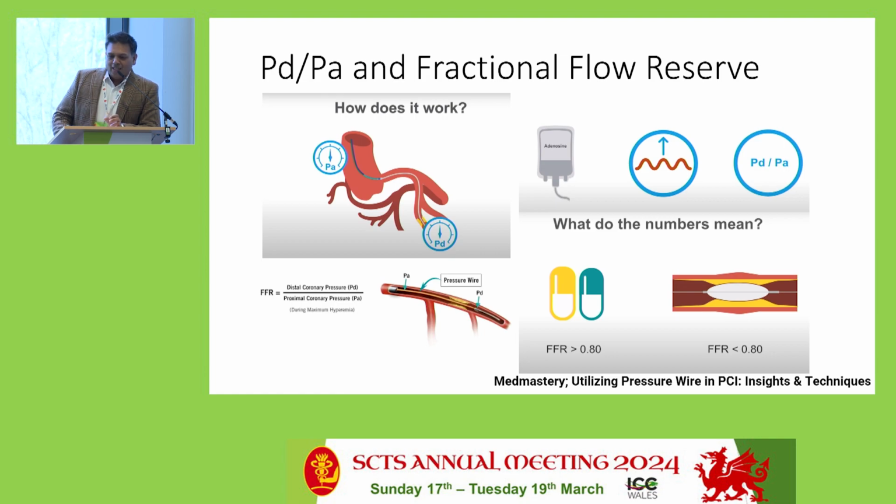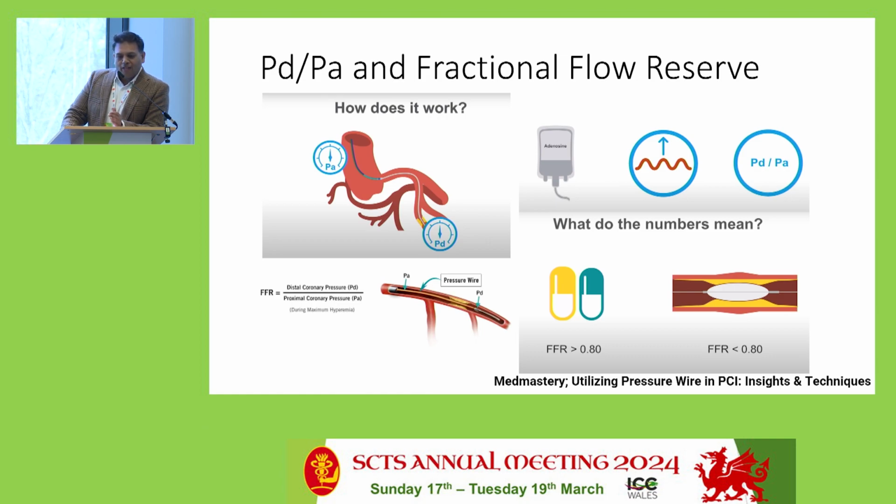The diagram on the left-hand side shows the pressure in the proximal coronary artery, which should be equivalent to the aorta. Then you have the wire which has crossed the lesion, and we're looking at the distal arterial pressure gradient. So essentially, you're trying to measure the drop in pressure in the functional assessment.